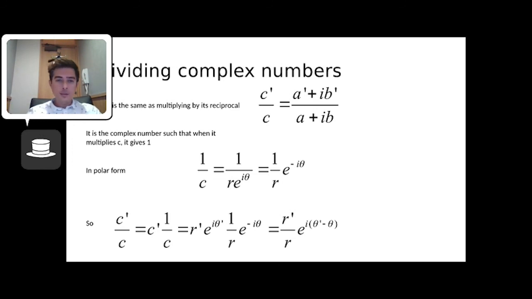The last thing that I can show you is that you can also divide complex numbers. So we've gone through addition, subtraction, multiplication. Now we want to talk about division. The definition is just defined like this: c prime divided by c, of course you just divide it like this. Now there's not much you can actually do with that expression.